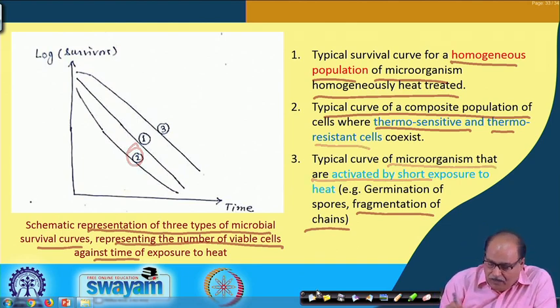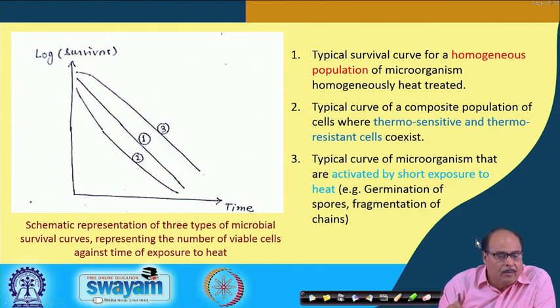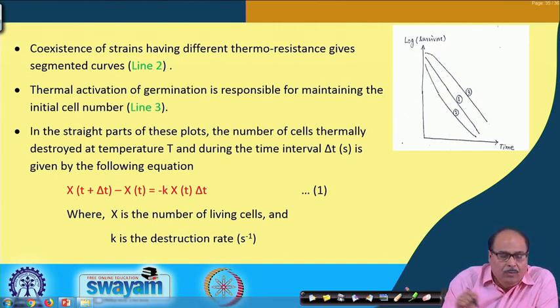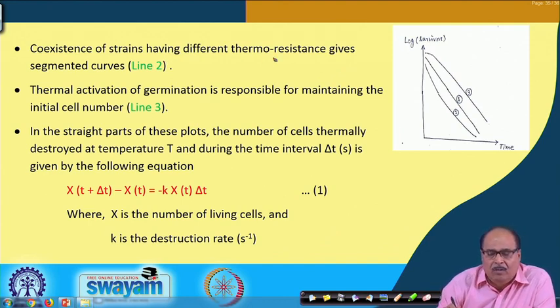So, this means that in line 2, the coexistence of strains having different thermal resistance gives the segmented lines.